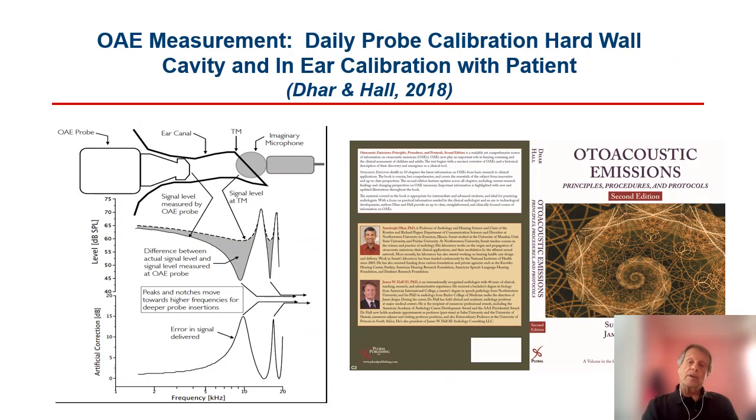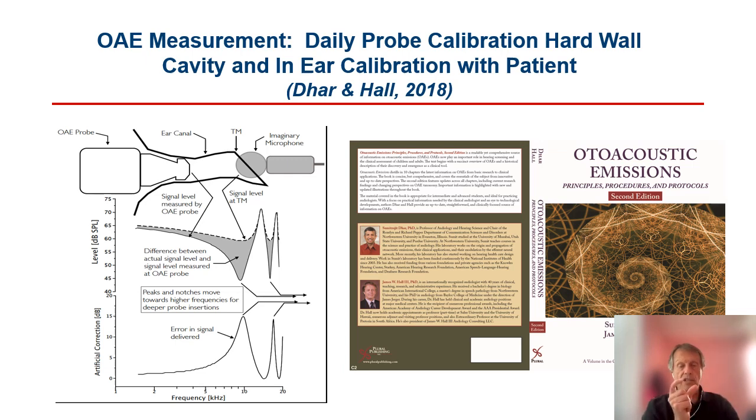One of the most important first steps in recording OAEs with children and with adults is to make sure that the probe is calibrated. So it's really important to put the probe for the OAE system into a hard-walled cavity at the beginning of a clinic day, and to make sure that the probe for the OAE is functioning as it should.